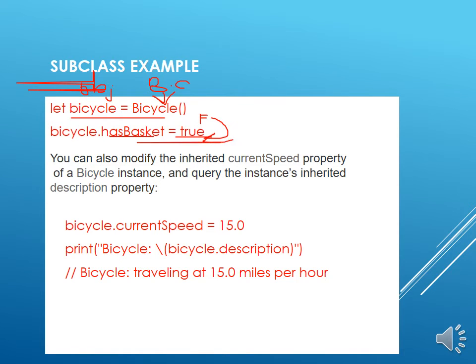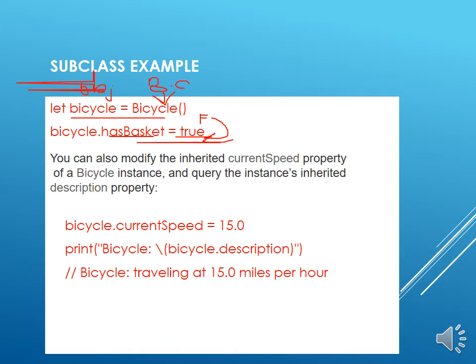In this way we can also modify the inherited current speed property of a bicycle as well, because by default all the properties of the superclass have been added to the subclass. So we will write bicycle, that is our object, bicycle dot current speed is equal to 15.0.